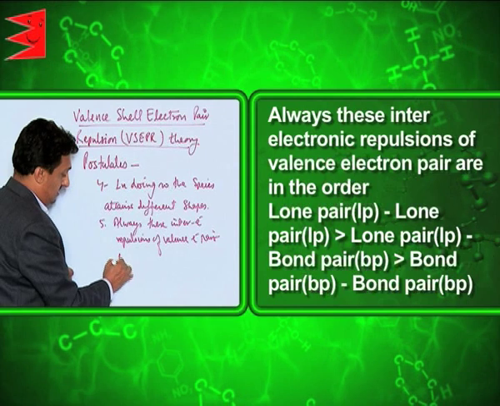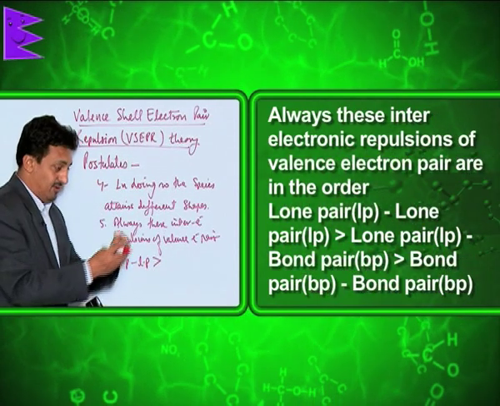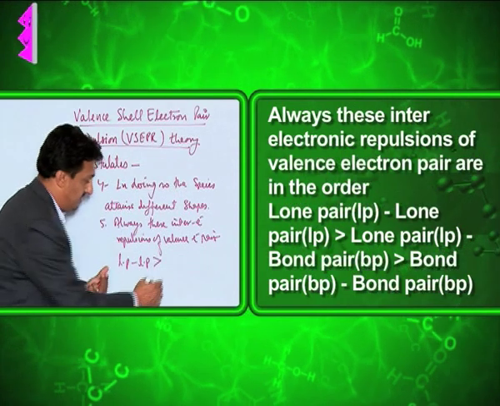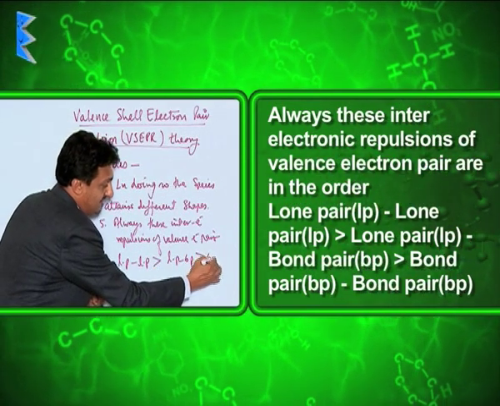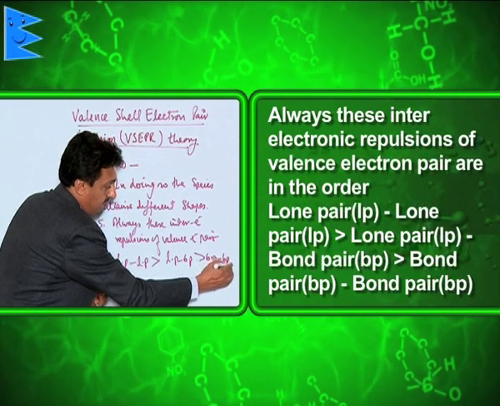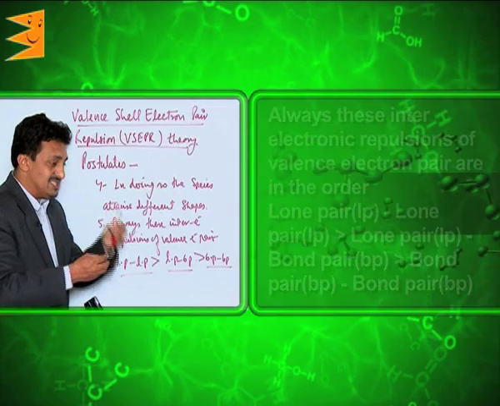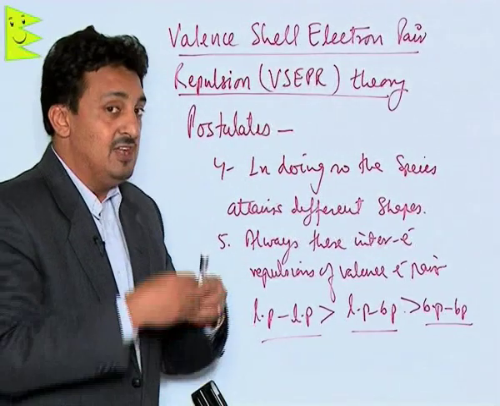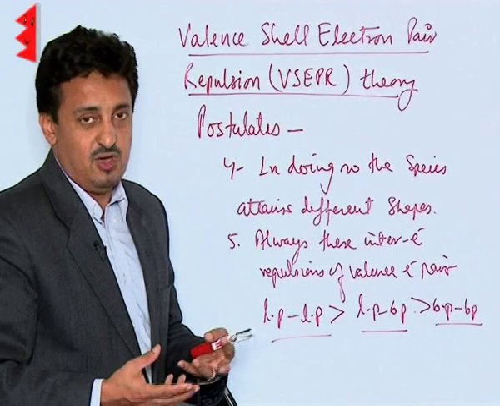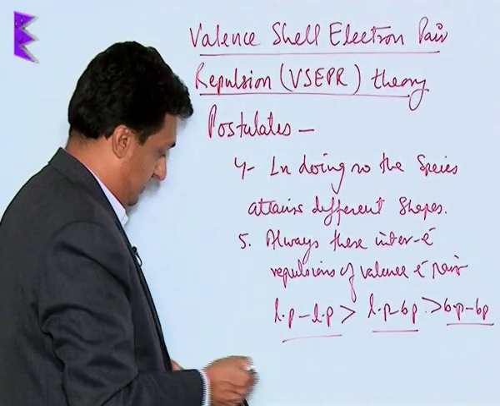They are in the order: lone pair-lone pair repulsion is maximum because lone pairs are free to move, followed by lone pair-bond pair, and the least is between bond pairs. And so always the central atom tries to minimize these repulsions, and in doing so it attains different shapes or geometries. This is the most important thing in this point.